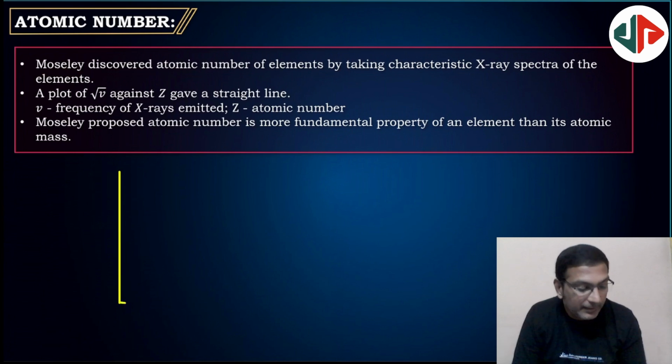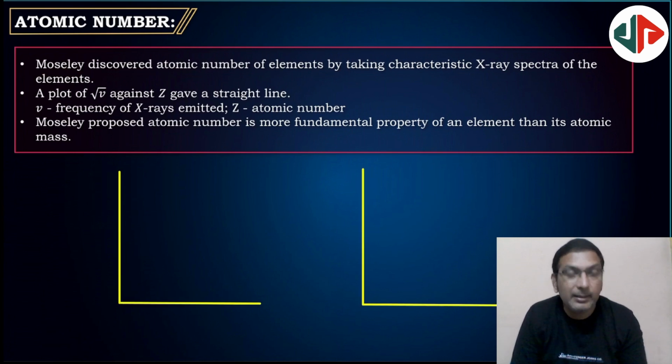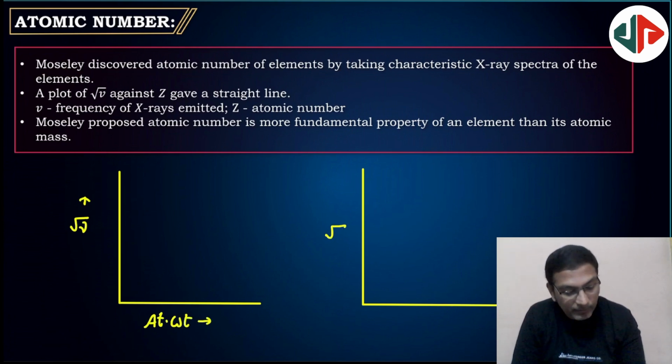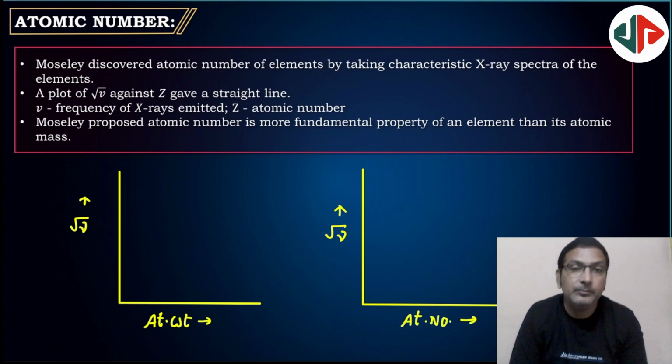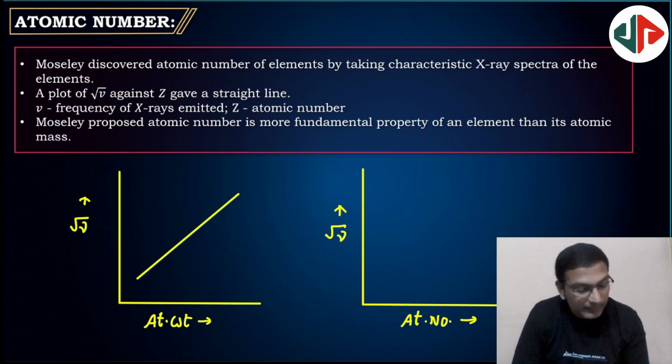First, between root nu (frequency) of elements versus atomic weight, and the second graph, frequency versus atomic number. So, he has concluded that root nu versus atomic weight is an irregular graph.